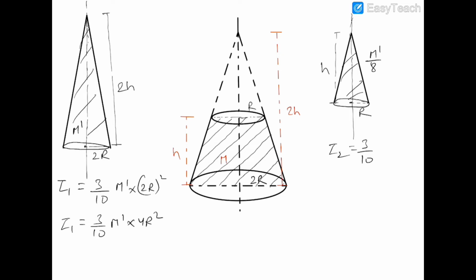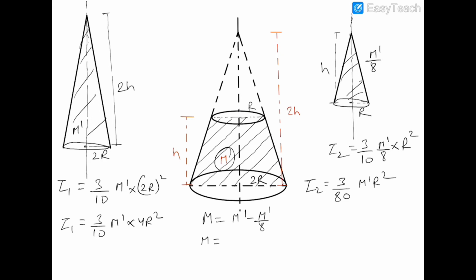So if the mass of the bigger cone is m dash, then the mass of this smaller cone would be m dash by 8 and its radius is r, so this is r square. So I2 is equal to 3 by 80 m dash r square, and m dash can be calculated by the fact that this mass m is equal to m dash minus m dash by 8.